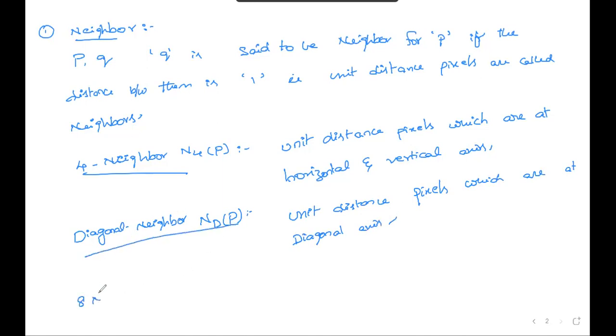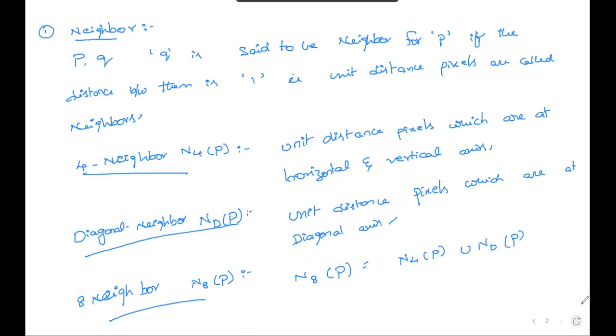Next, eight neighbor is denoted as N8 of P. N8 of P is the combination of all pixels, N4 union ND of P.